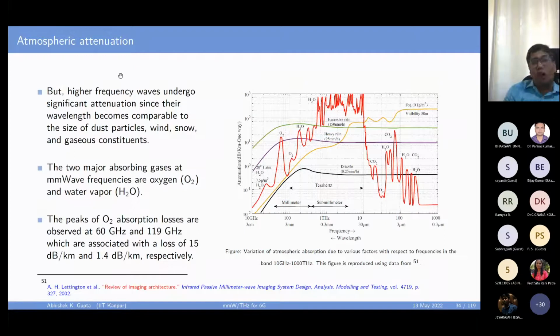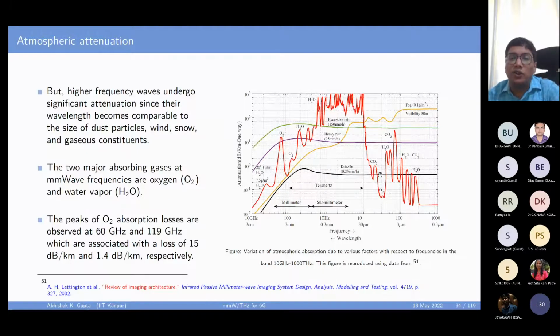So here you can see a plot where I have shown the atmospheric attenuation with respect to frequency. I have varied it from 10 gigahertz to 100 gigahertz, and you can look at these. This red one is showing the attenuation, and in these peaks you are seeing that the attenuation is large. Whenever the size is matching with the molecule, you see a larger attenuation. Here the peaks are because of O2, here the peaks are of H2O, then carbon dioxide at the higher frequencies.